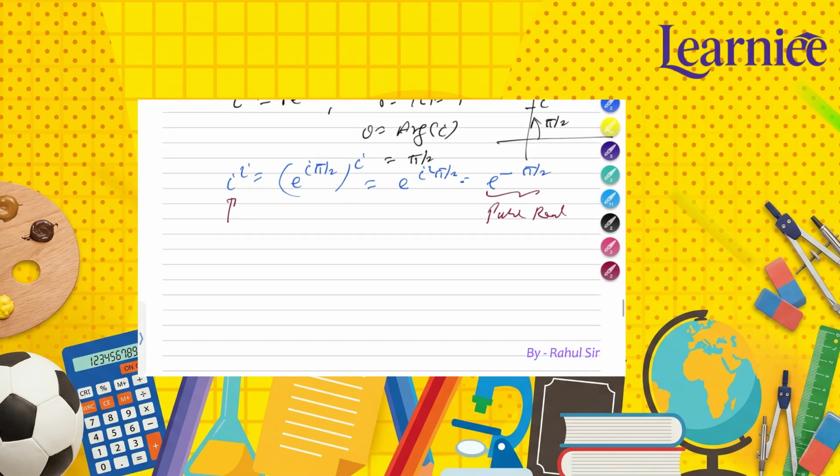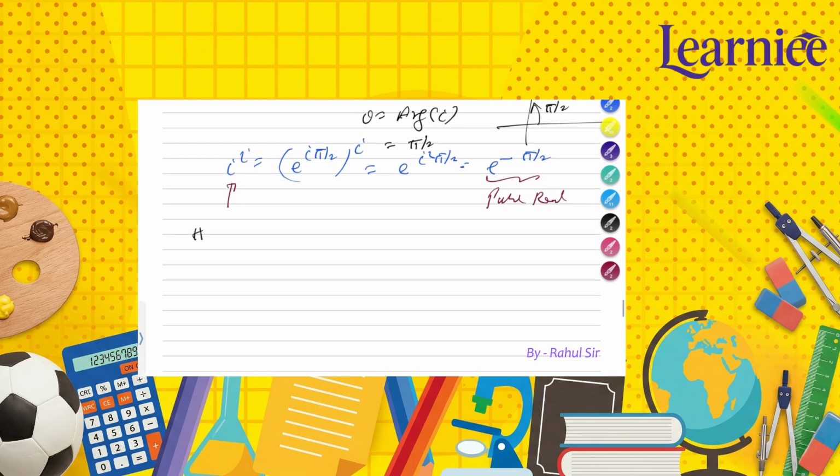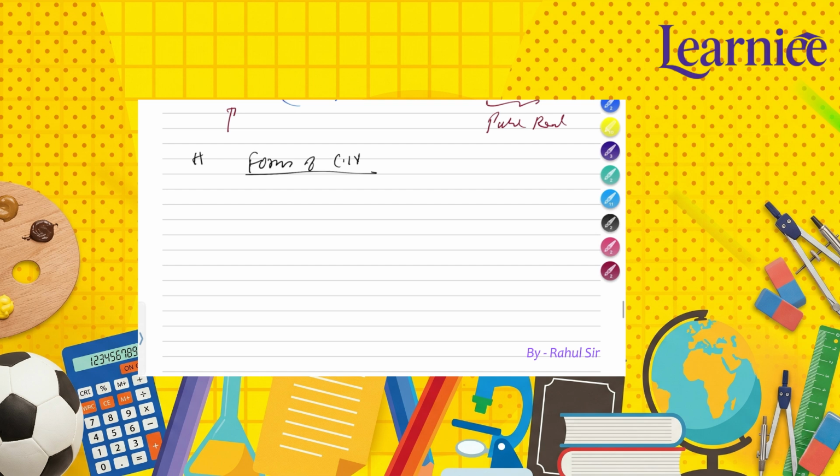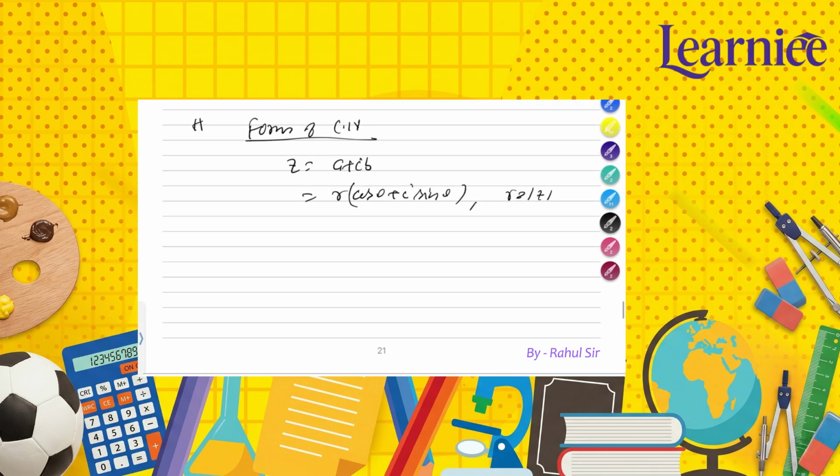So we have done the different forms of the complex number. We will not go in detail, as we already did in the previous class. So z is written as a plus ib, the conventional form. Then this is also written as r (cos theta plus i sin theta), where r is nothing but the modulus of z. How do we get this?